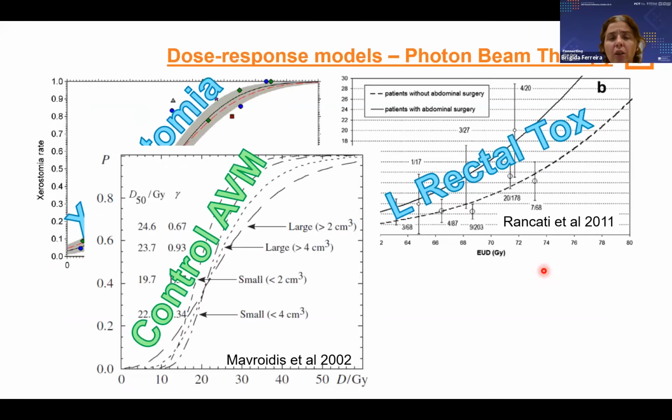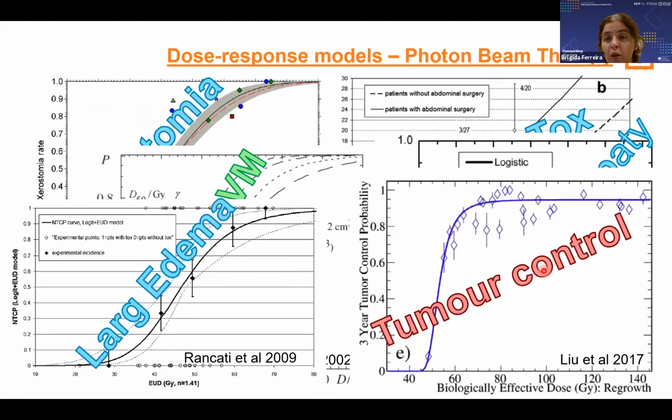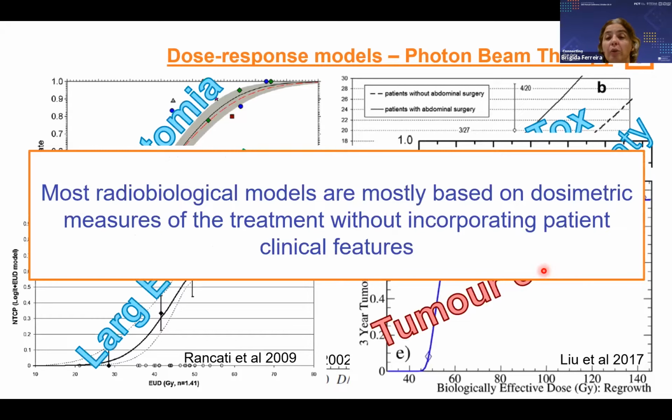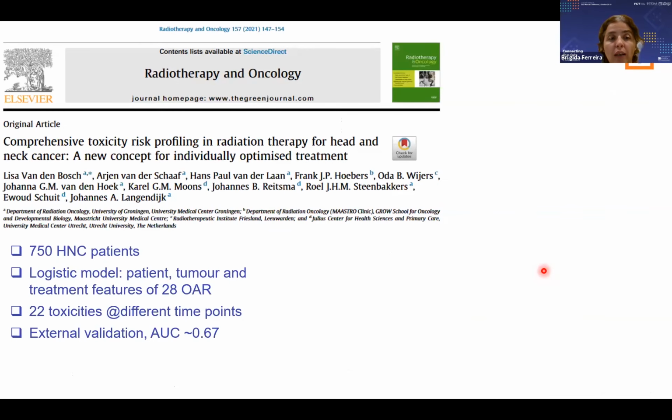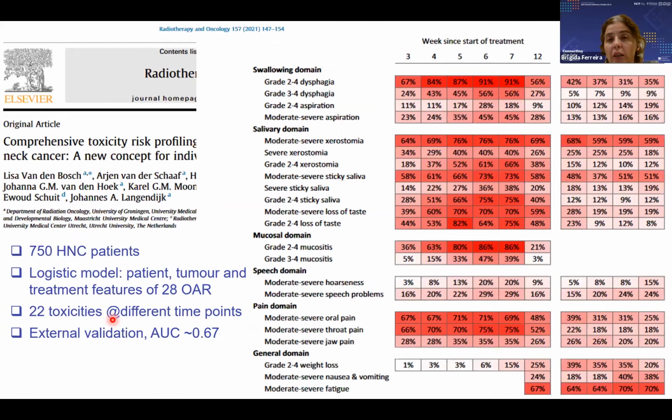So there are many dose response models being developed for photon beam therapy, and most of them are based on dosimetric measures. Only recently, those response models started to incorporate clinical features. I just would like to highlight this study because it's a huge work where they derived 22 dose response models for different time points, and this allowed them to create a toxicity risk profile for every patient.